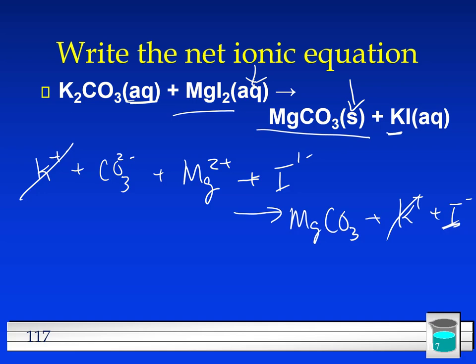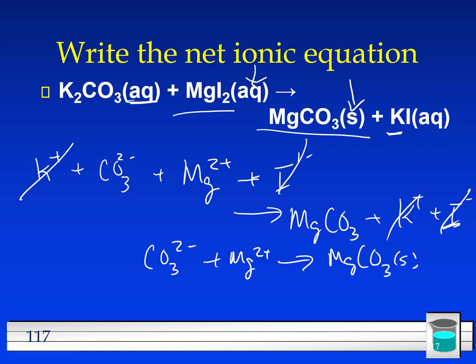Is Mg2 plus on both sides? Nope. Is I minus on both sides? Yep. So K plus and I minus were just there to watch things go on. They were the spectators. So what am I left with? I'm left with CO3 2 minus plus Mg2 plus makes MgCO3 solid. That's what really changed.